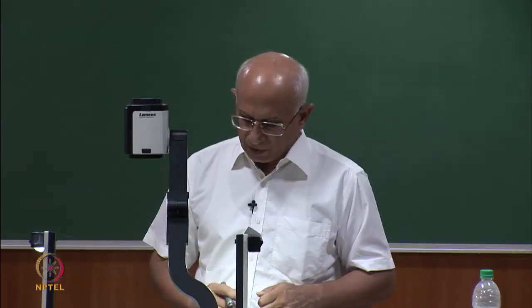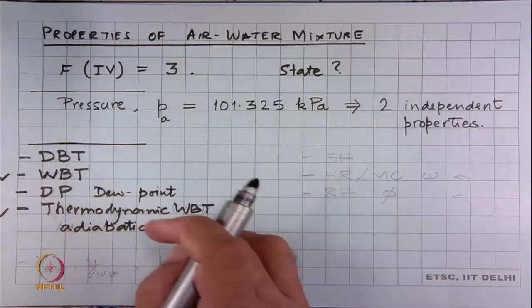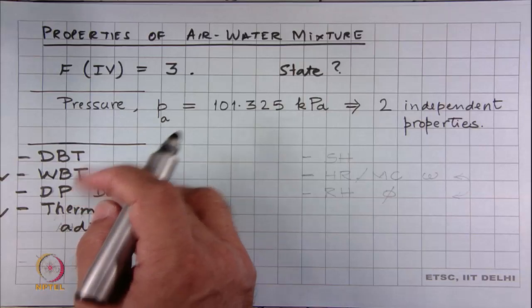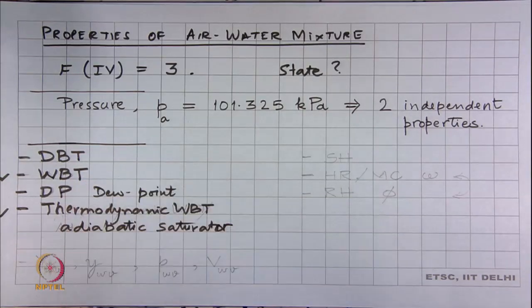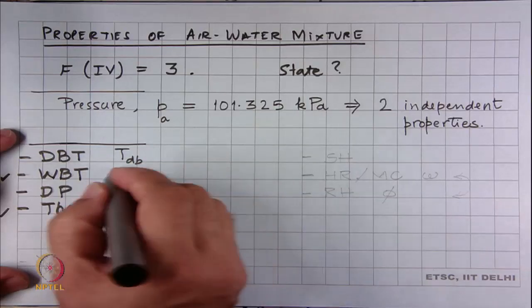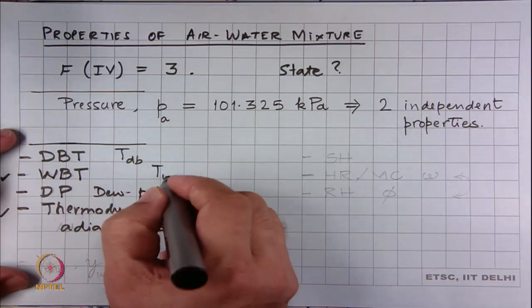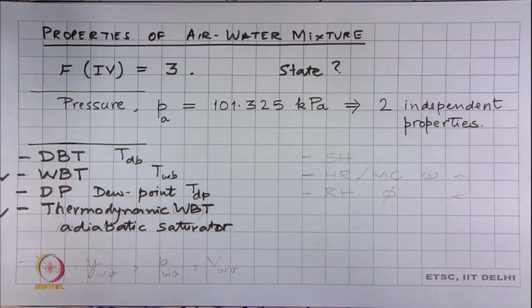So, that is the dew point temperature. The WBT is always going to be between dBT and the dew point. So, these are the temperatures that we had, and we had defined various symbols for these: TdB, TWB, TdP, like that.